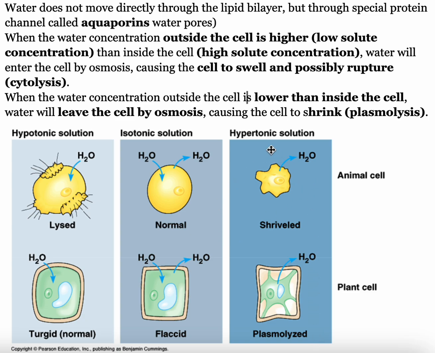And this one, it's a hypertonic solution, and it's shriveled because there was less water concentration outside of the cell, which means it left the cell, which means it's shriveled. And this one, hypotonic, there was too much water. There was too much water surrounding the cell that it moved in, and it ruptured. It swelled.